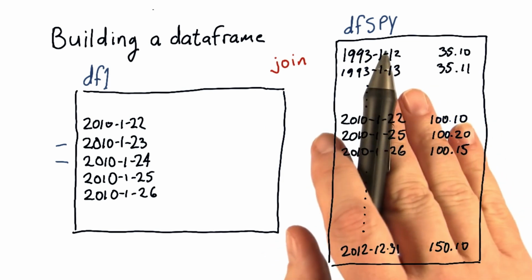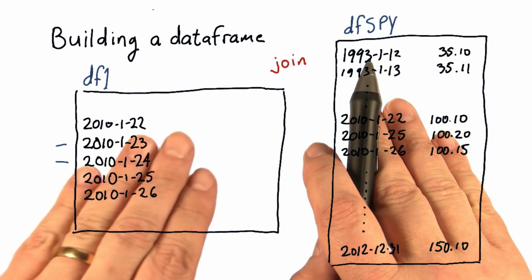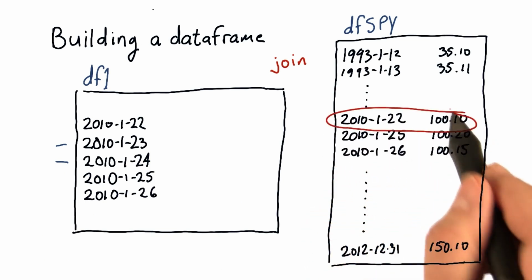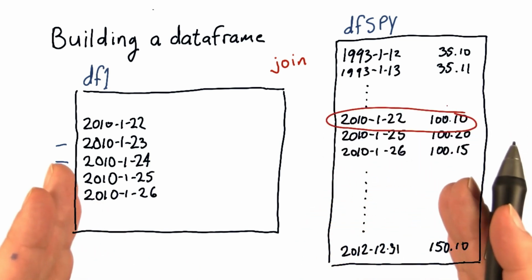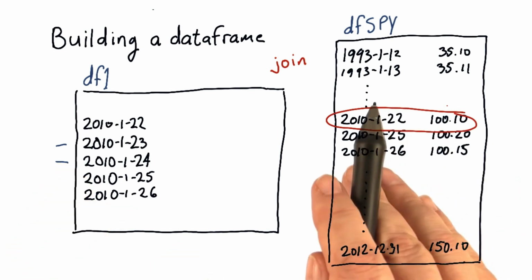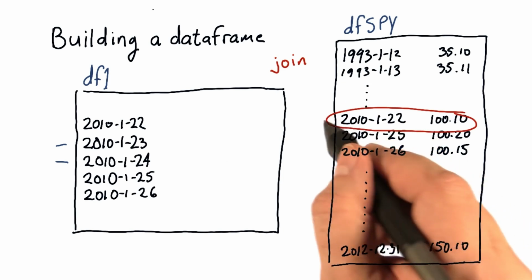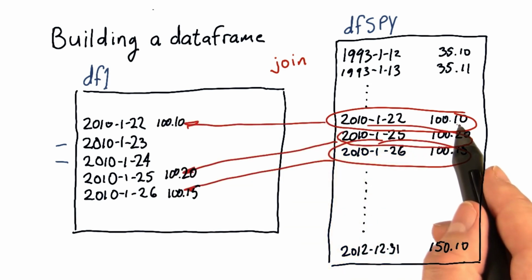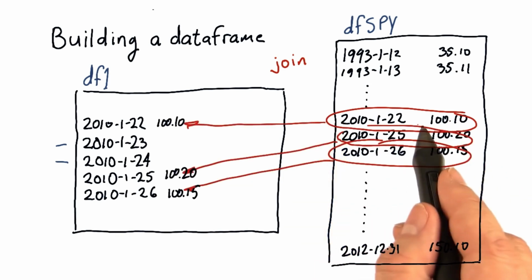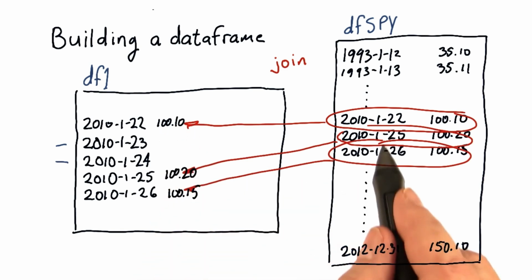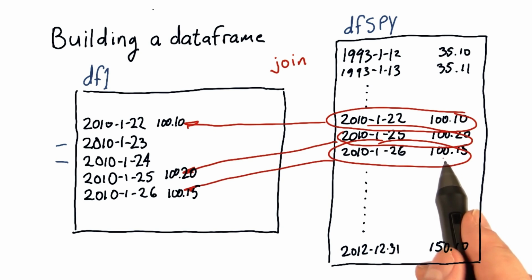So we're going to join this data from SPY and our empty data frame, and we're going to do a special join that says, look, we're only interested in dates that are present both in SPY and DF1. And what happens is we end up with this data according to its date in this position in our target data frame, and of course the other two rows as well.